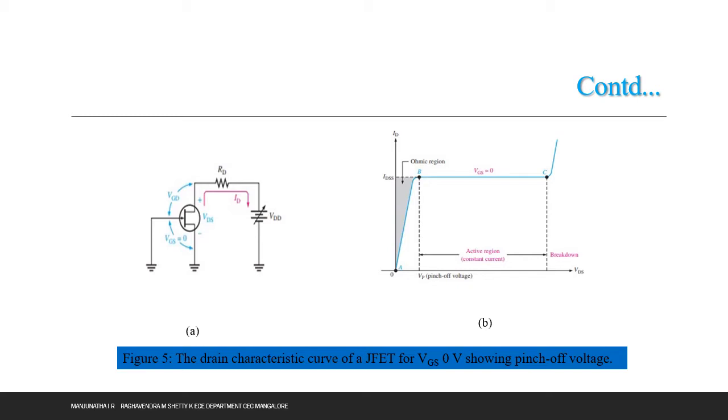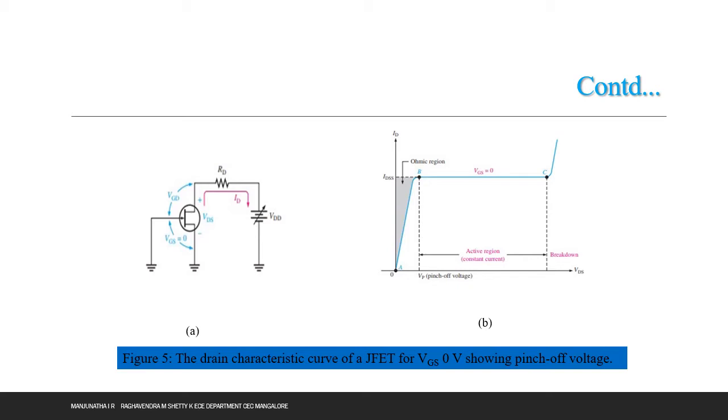After point C, or at point C, when we keep on increasing VDS from the VDD, the N channel JFET is reverse biased at the PN junction. After a certain value of VDS increase, the depletion region will break down.